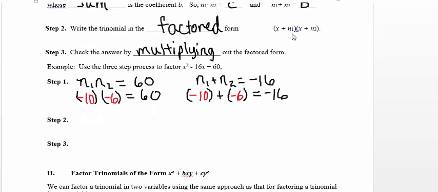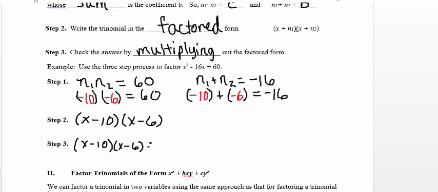So the second step is to write this in factored form. X plus n1 will be x plus negative 10, which we can write as x minus 10. X plus n2 will be x plus negative 6, which we can write as x minus 6. And let's check this by multiplying out this factored form. We're going to use the distributive property twice.